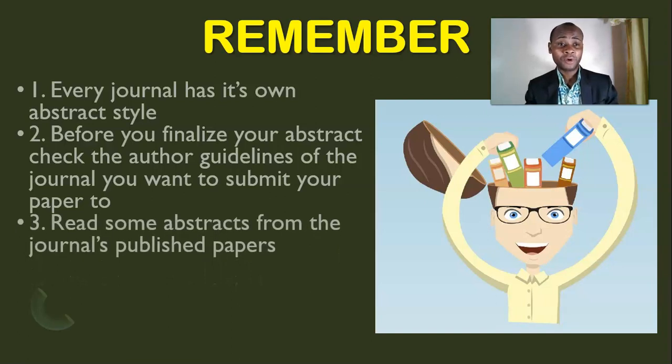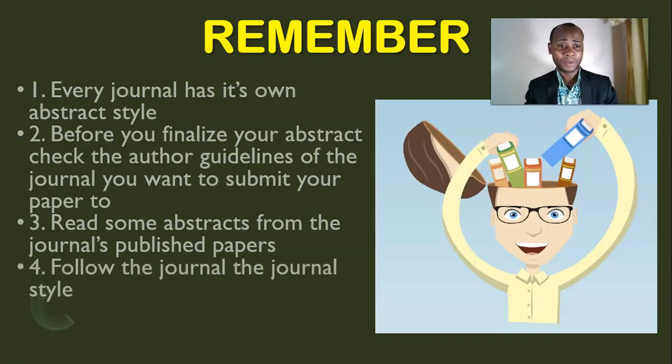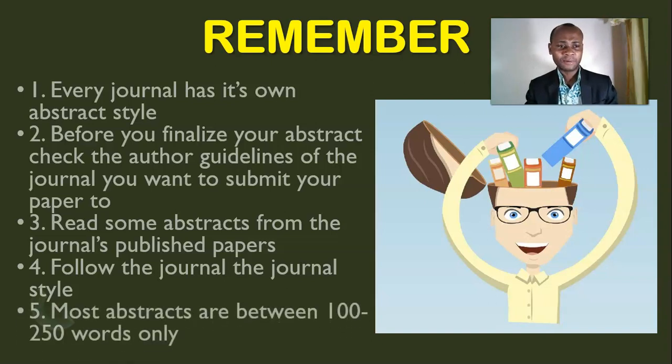So read some of the abstracts from the published papers to get yourself acquainted with what is right. You have to follow the journal style. And then number 5, most abstracts are between 100 to 250 words.